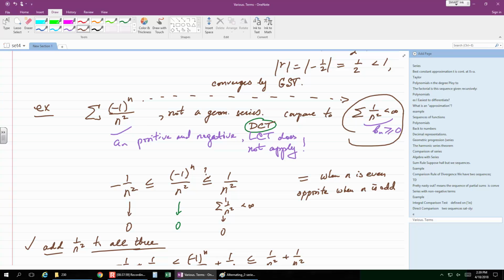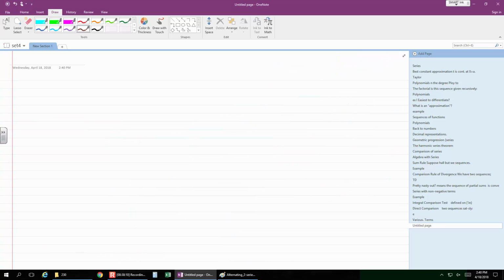So that's what we have. Let me state the theorem first, which I implicitly proved here. This is the first theorem. We have this inequality: a series an squeezed between negative bn and bn, where bn is greater than or equal to 0.